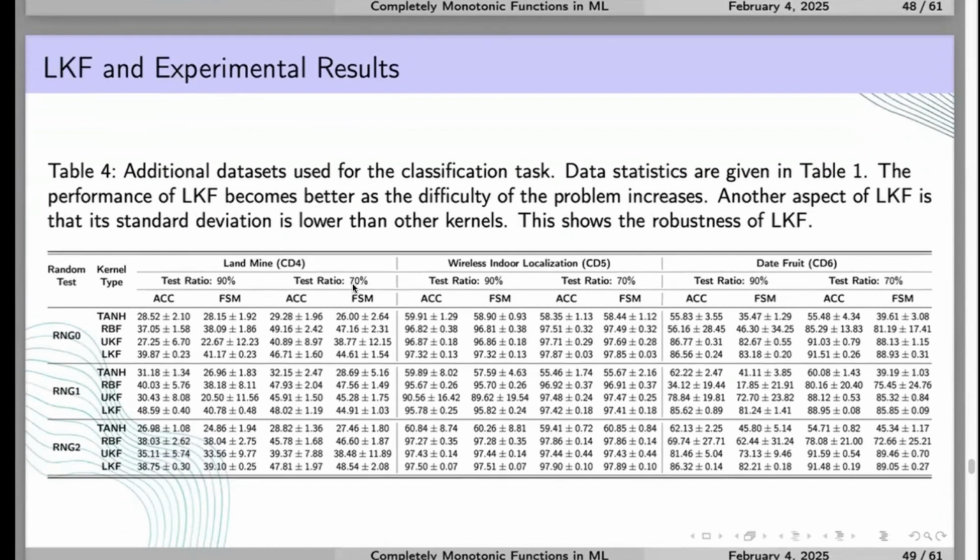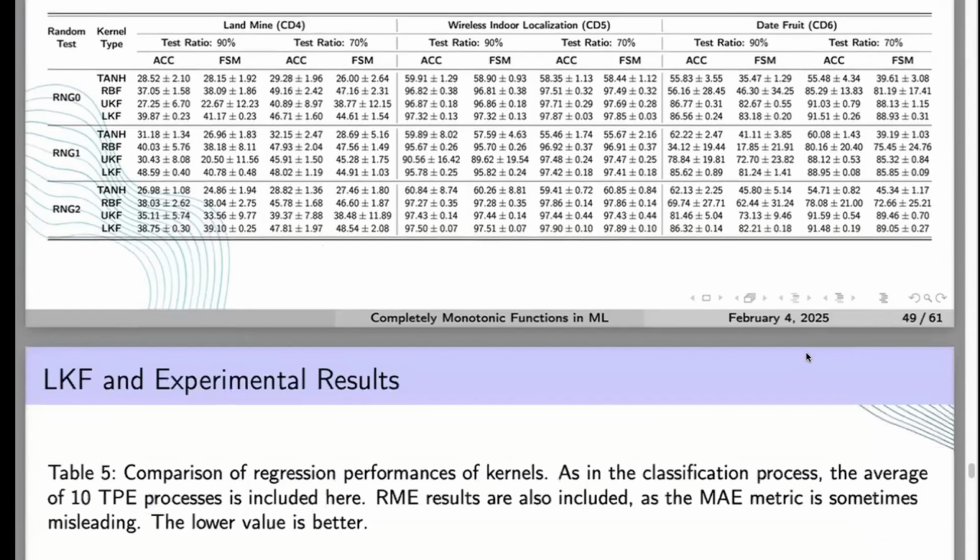Here again at the 70% ratio, RBF passes this. And here RBF is slightly better. No, not RBF, UKF is better. And here LKF is best. And here LKF is competing with UKF. And here also LKF is better.